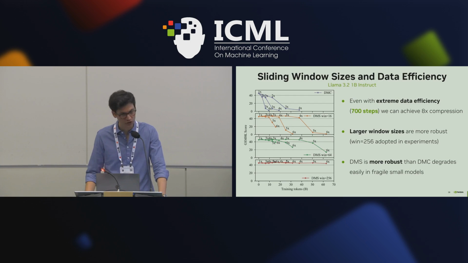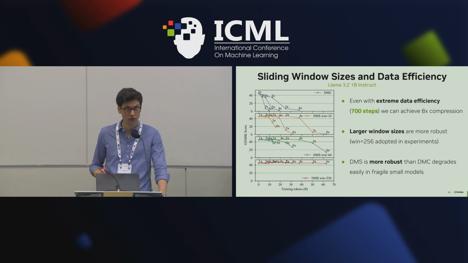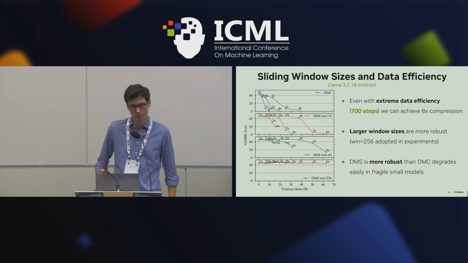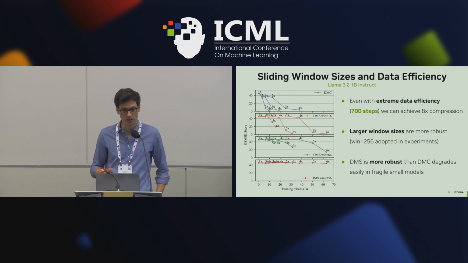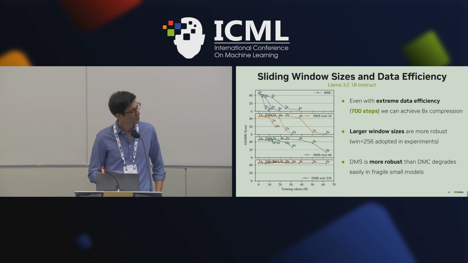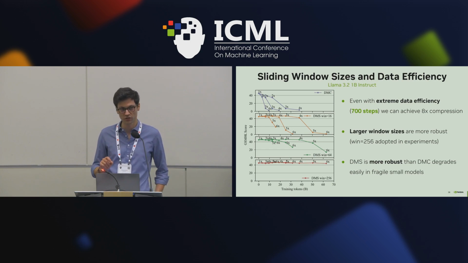Also, this turns out to be really data efficient during training. So I said that 8 times compression took 44,000 steps for DMC. Here we train with 700, and it works. And my personal expectation is that less, or maybe even just a small calibration, would do, because what I think is going on, that I'm really convinced of, is that the information of the token is relevant.